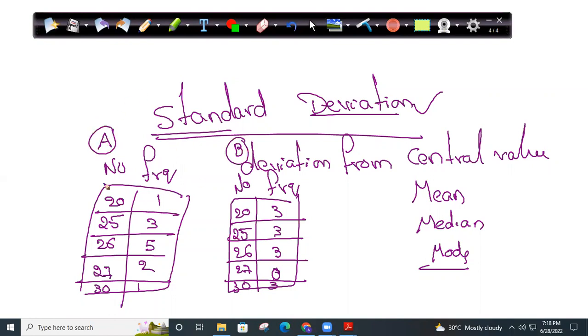According to you, which has more standard deviation, set A or set B? Just type which has more standard deviation. I have drawn two sets on the whiteboard. According to you, which set has more standard deviation? Whatever you feel like, you can type. It is a democratic country. You can type whatever you feel like. Happily, you can type.